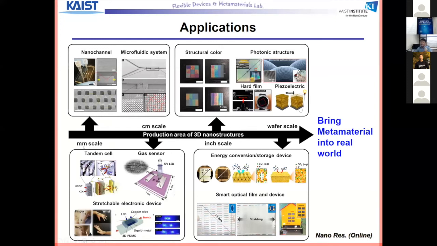Depending on the size scale of the three-dimensional platform we make, each application requires a different size scale. So what we have been trying to do over 20 years is to cover all those requirements for three-dimensional structures in terms of size scale. Those examples can be found in this paper, so you may check it out.